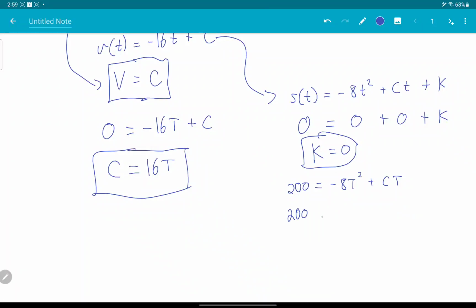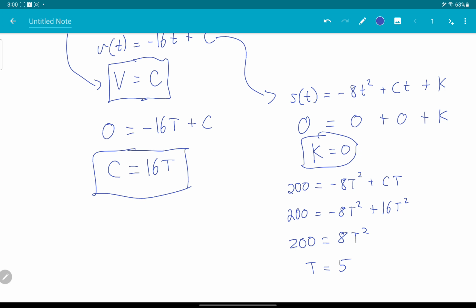So I have one equation, one variable I can solve for capital T. Looks like T is equal to 5. Well, it'll be plus or minus 5, but we throw away the negative since we're doing physics here.